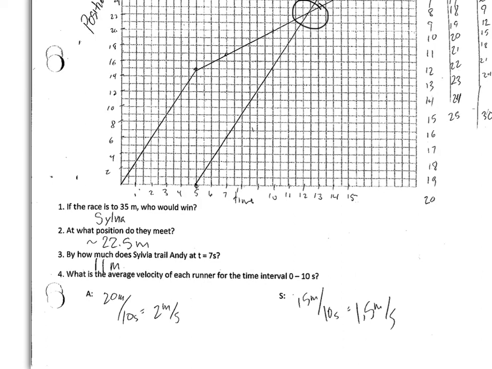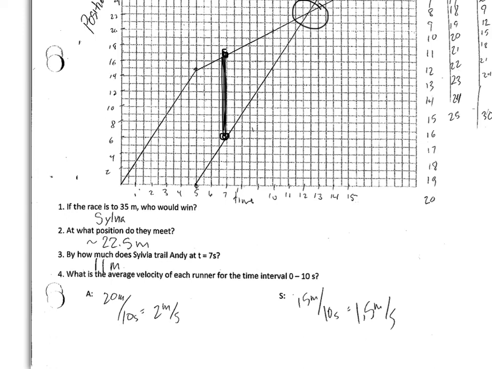Question 3 asks about the difference in their position at time 7 seconds. In other words, how far ahead is one runner versus the other at the 7-second mark. If you look at the time, 7 seconds is right here. For both runners, they're at very different positions, and it's the space between the graphs here that tells you exactly how far apart they were.